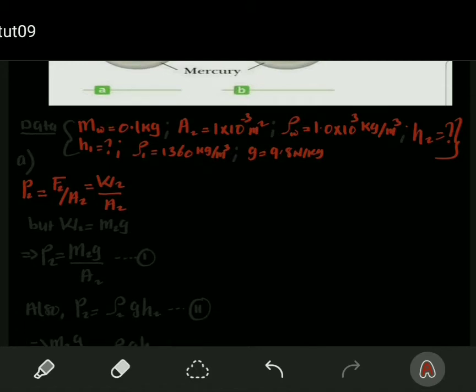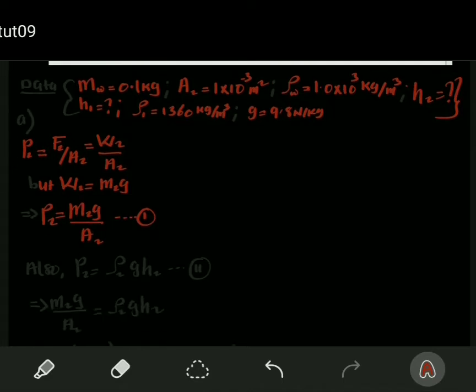We know that weight is mass times gravity, so the weight is the mass of water, 0.1, multiplied by g. Therefore we have our expression for P2 as m2g over A2. So this is our equation 1.